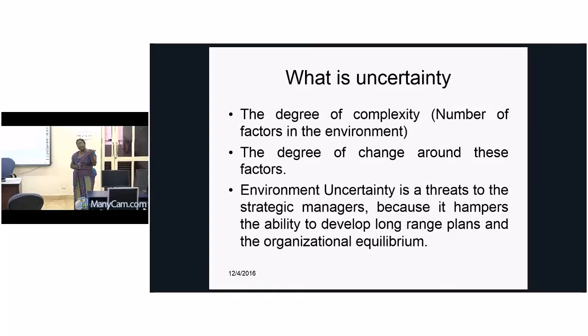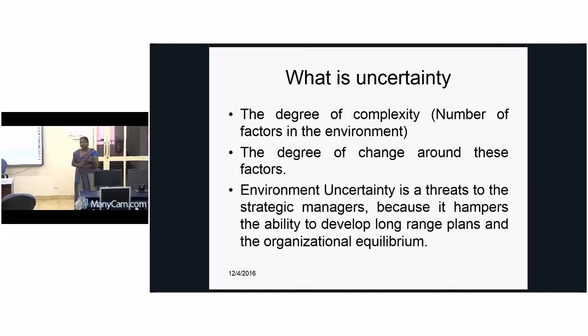When the number of factors are many, then uncertainty is high. For example, if I have so many related parties, then I can't be sure about what will happen to me, because there are many more affecting factors surrounding me.